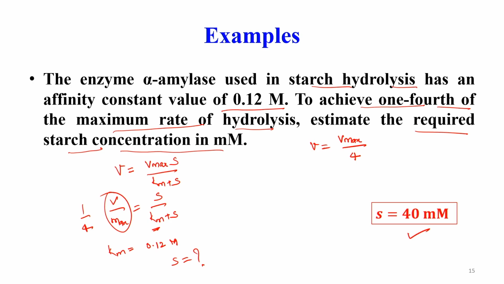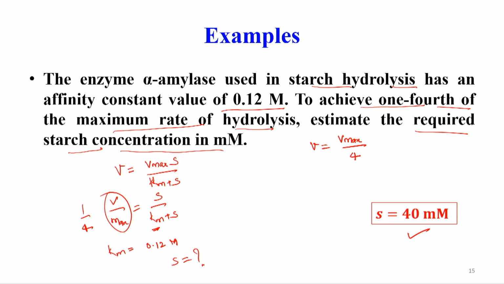So, these are simple examples, you just have to see what the given parameters are and what the unknown is that you need to calculate, following the simple Michaelis Menten equation. So, we will look at one more example here.